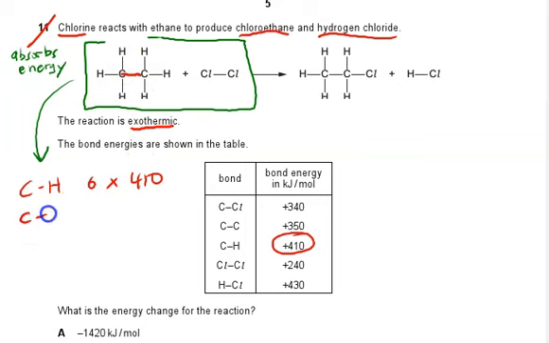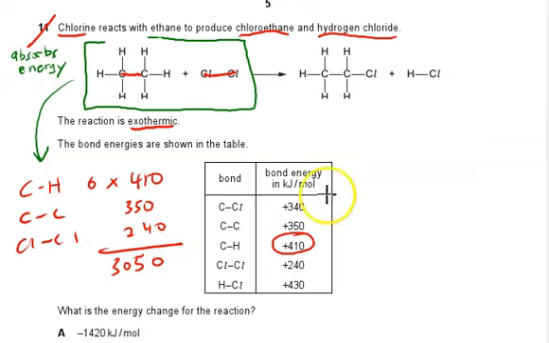Carbon and carbon, we will have 350. This is only one. And we have chlorine and chlorine, here you have about 240. So we total up all this, we will be getting about 3050. This is in kilojoules.